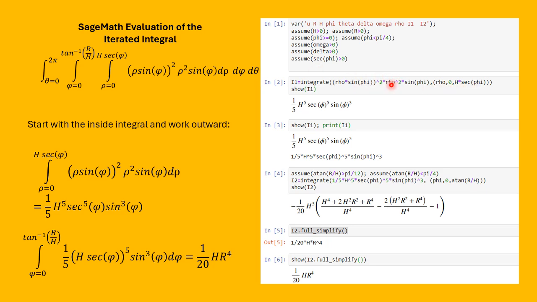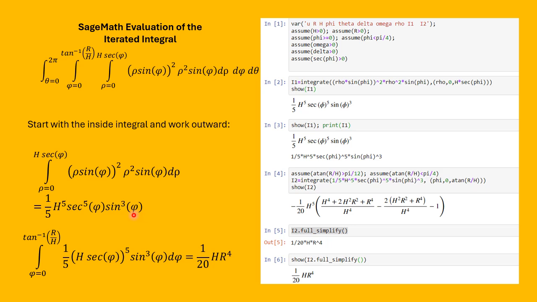After the evaluation, we show what I1 was. I1 turned out to be 1/5 h to the 5th secant of phi to the 5th times sine of phi to the 3rd power. So we can write that as 1/5 h to the 5th secant to the 5th of phi sine cubed of phi.